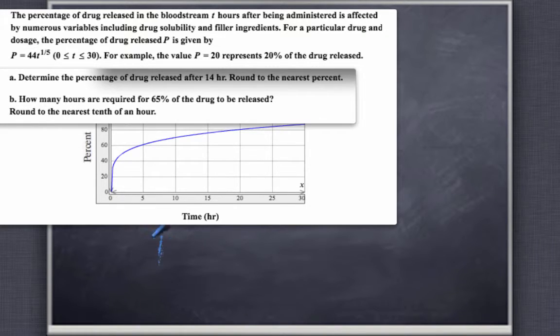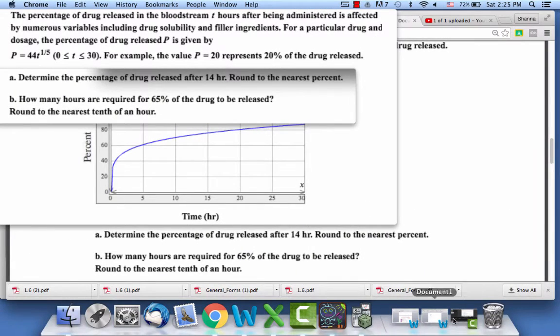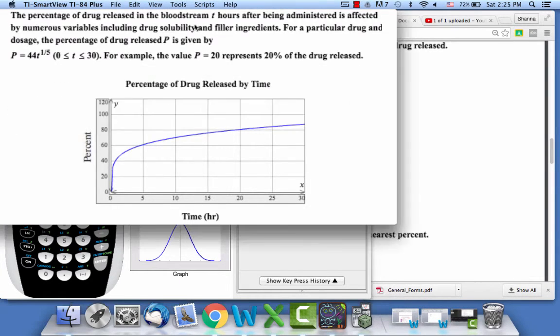So P of 14 equals 44 times 14 to the 1/5. Now, I don't know the fifth root of 14. I kind of doubt you know the fifth root of 14. We want to round to the nearest whole percent, though. Okay, so I'm going to get my calculator.